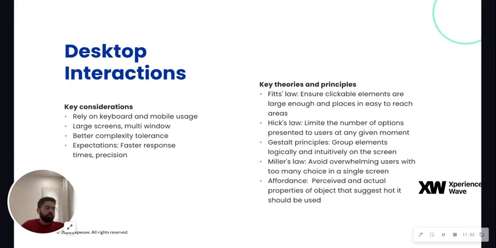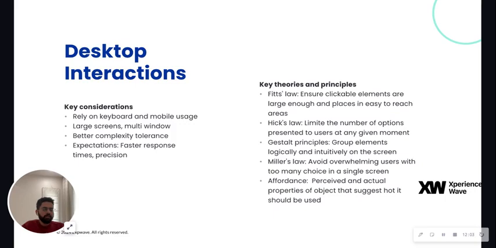Then there is Hick's law, which suggests that the more choices a user has, the longer it will take to make a decision. So you will have to limit the number of options presented to users at any given moment, especially if you're dealing with complex workflows or navigation menus. Then there are Gestalt principles, which are all about the way we visually group elements, either logically or intuitively on the screen.